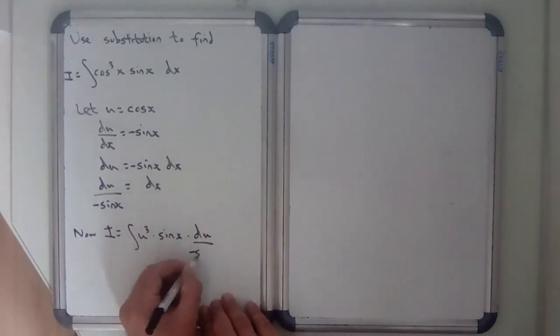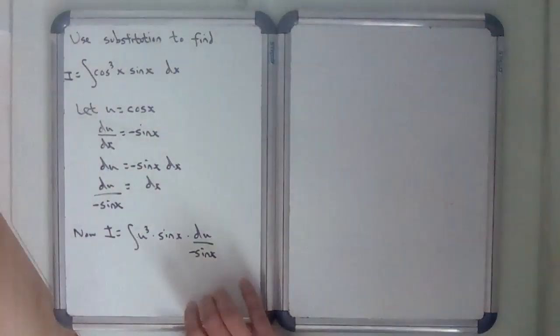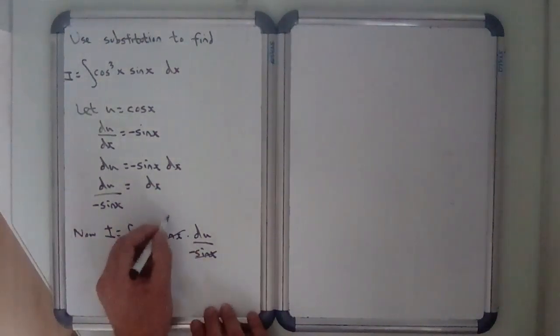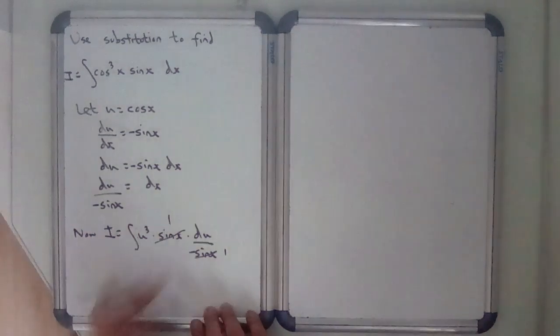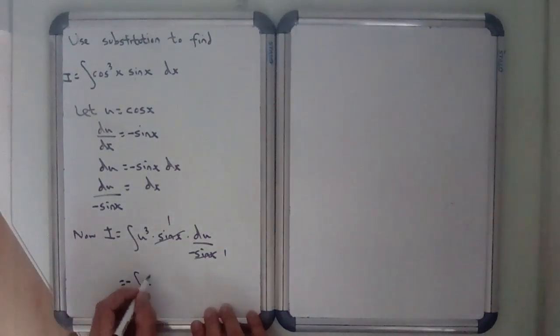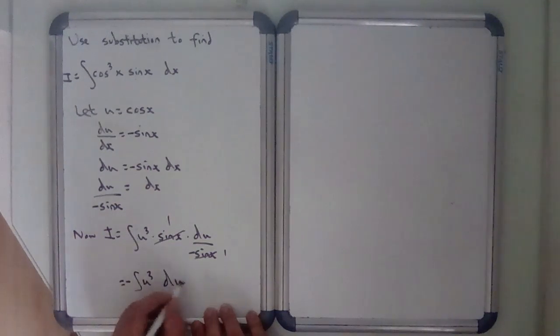So if you look at the sine x and the other sine x, we can go 1, 1 there, and you've just got this negative to deal with, so that equals minus the integral of u cubed du.